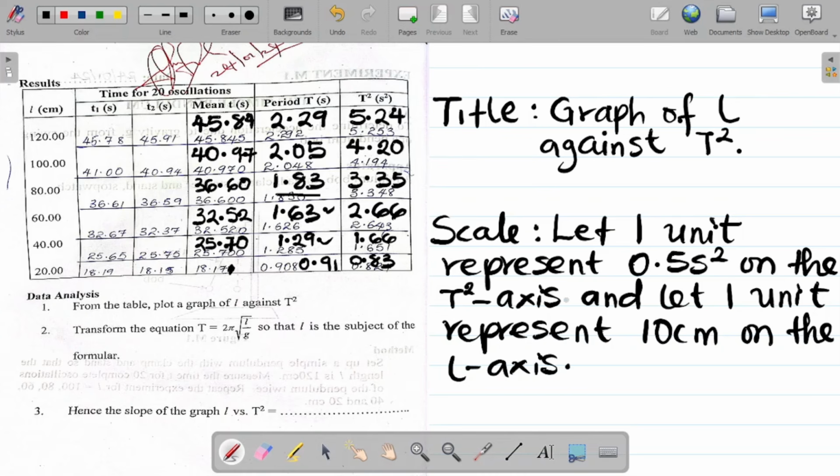All right. So with this, I've gotten my title and my scale. Now I can focus on the graph. So please make sure you always get your title and your scale for each of your graphical work.